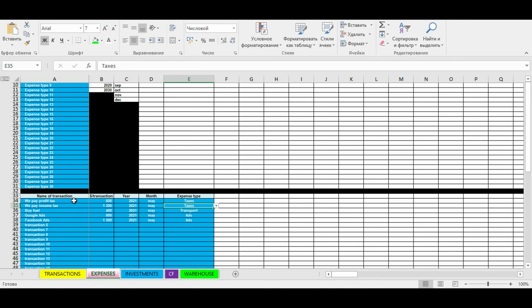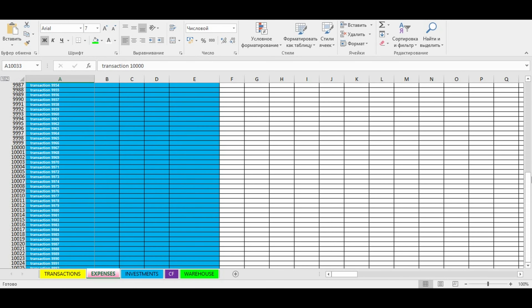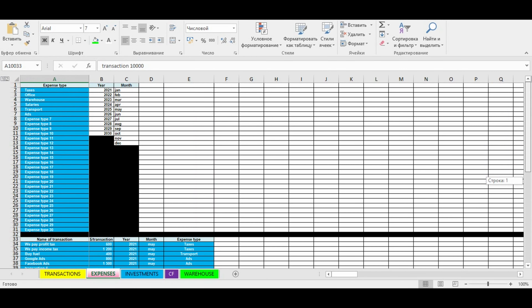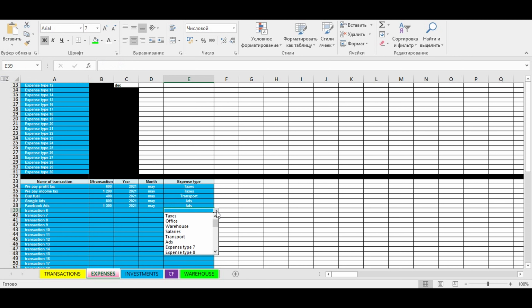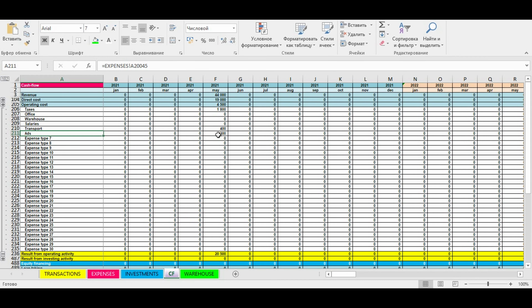Then each time you will write any new transaction, you will choose what type of expense it will be, and this sum will go to cash flow statement to this or that type of expense, and as a result you will clearly see the structure of your expenses of your business. The same story with revenues, the same story with direct costs.